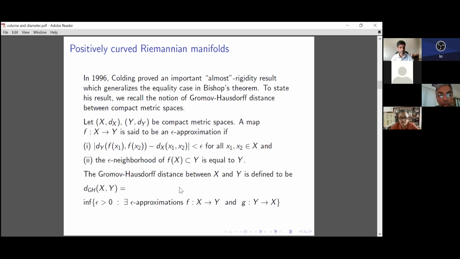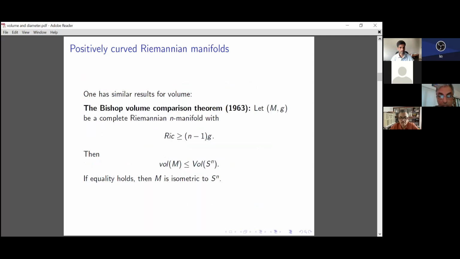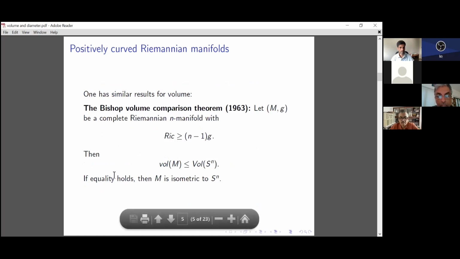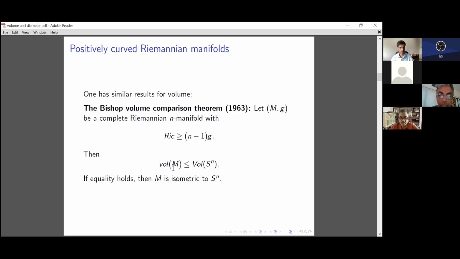Both of these results are pretty satisfactory, in the sense that they prove exactly what one would have expected without any additional assumptions. But one thing one can ask in such settings is about the case of equality. For instance, in the Bishop theorem, we know that if the volume is equal, then M is isometric to S^n.